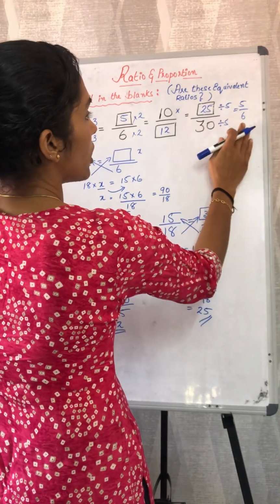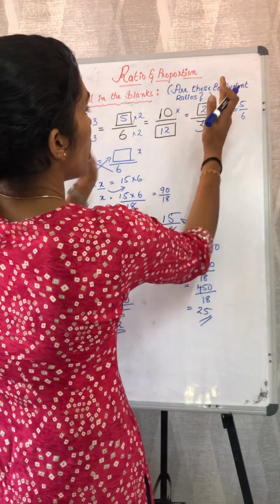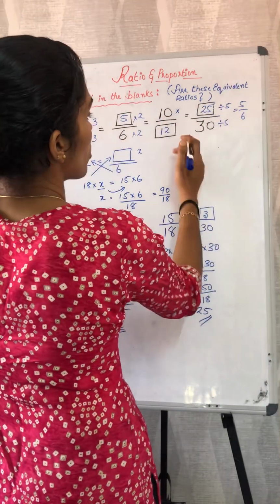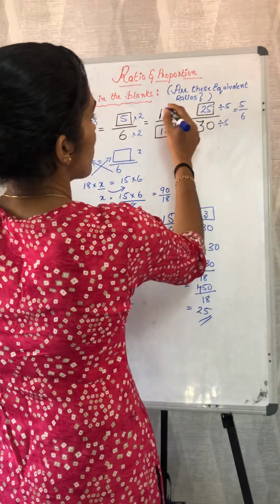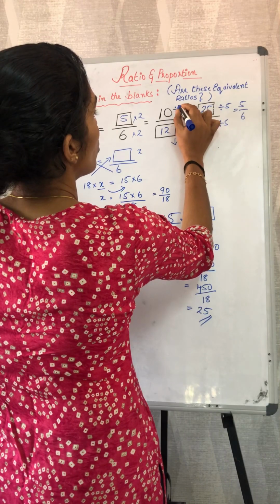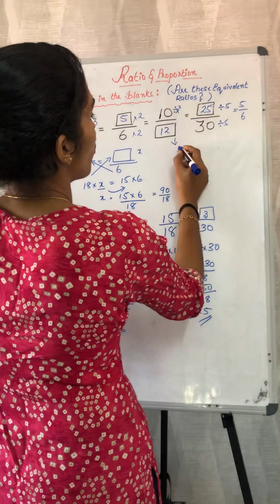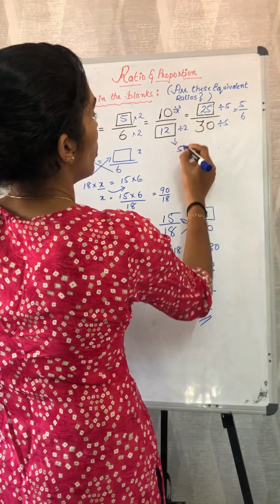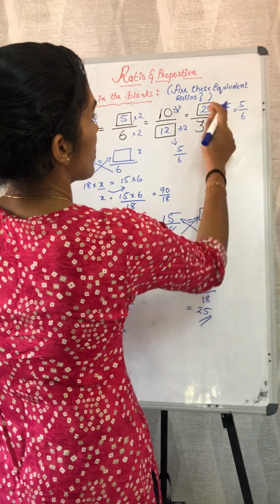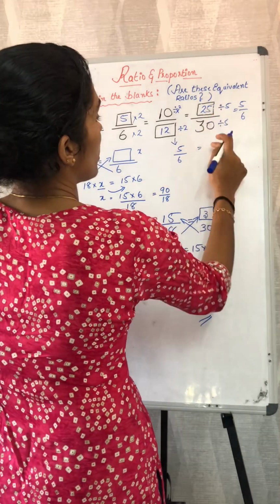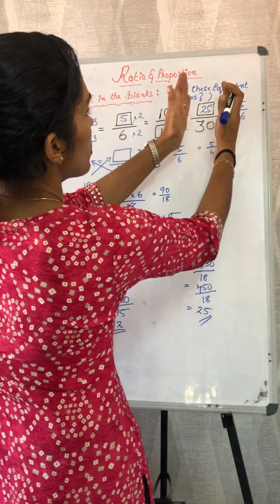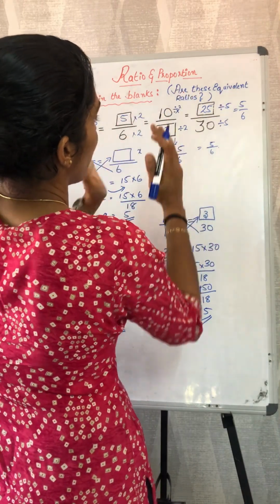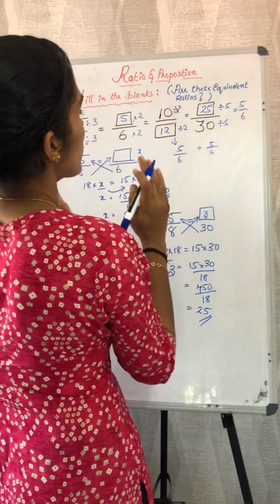Or if you want to compare these two ratios, when you divide this by 2, again 5, and here 12 divided by 2, again you get 5 by 6. When you take this into the lowest term, you get 5 by 6. So you compare this 25 by 30 with 10 by 12 and this 5 by 6 also.